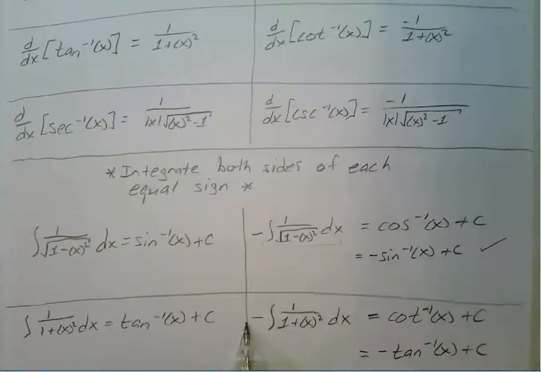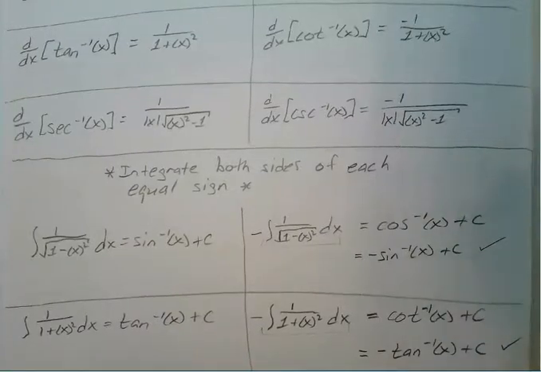And once again, since the negative is out in the front, this part is just equal to this, so it could be negative tangent inverse of x plus c. This is the more popular form of the answer, but like I said, if you see it as cotangent, it's not wrong, just different ways to write the same answer.